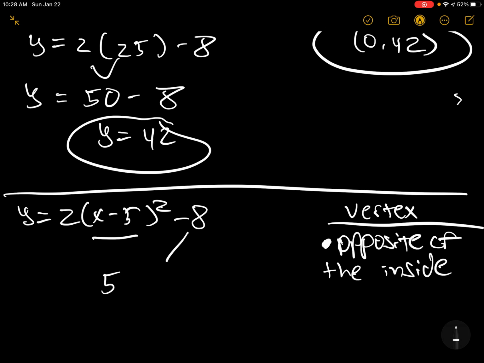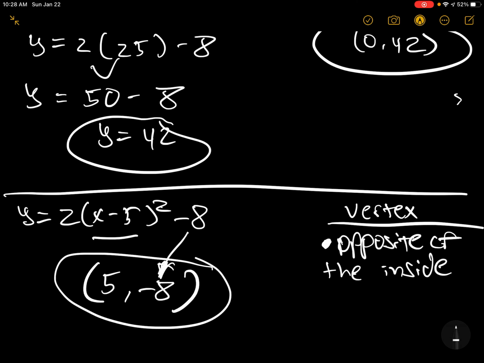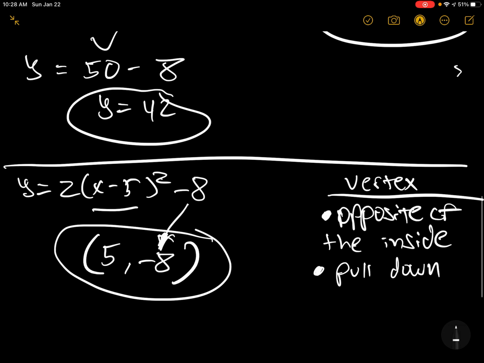And then you take this number down here, negative 8, and that's your vertex. So we pull down the outside number, the constant at the end, and you get (5, -8).